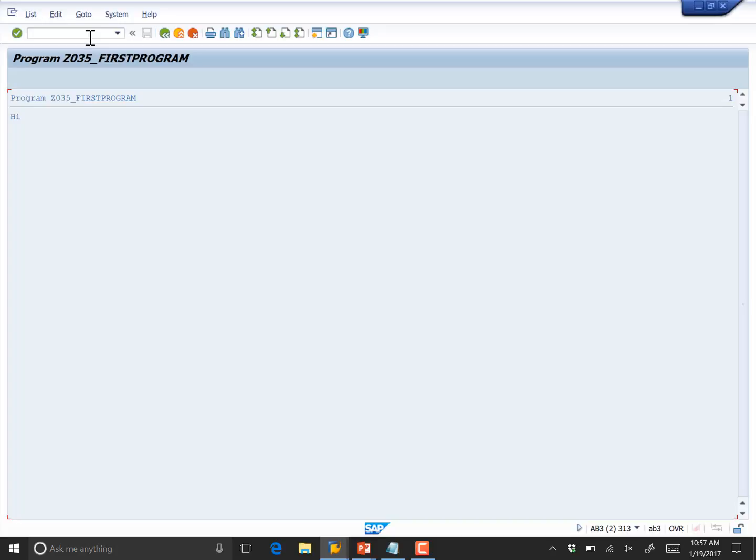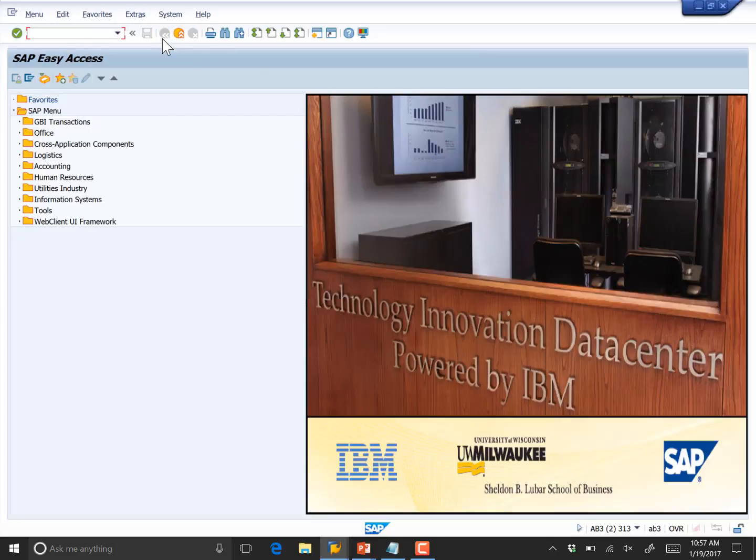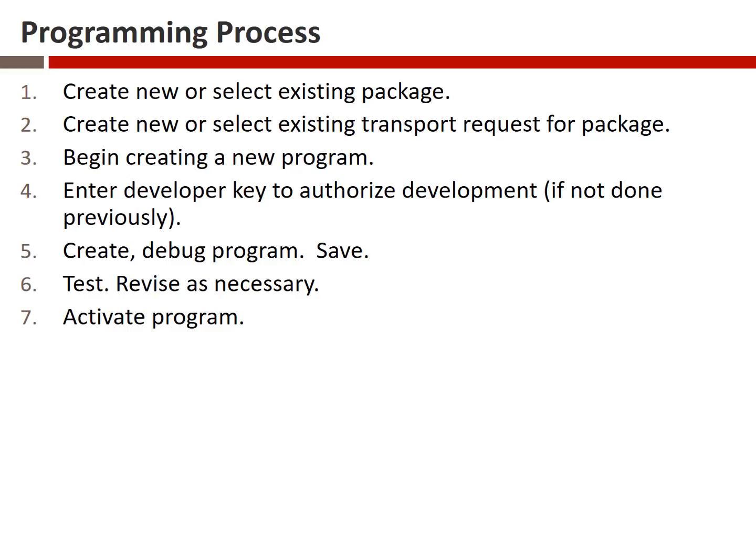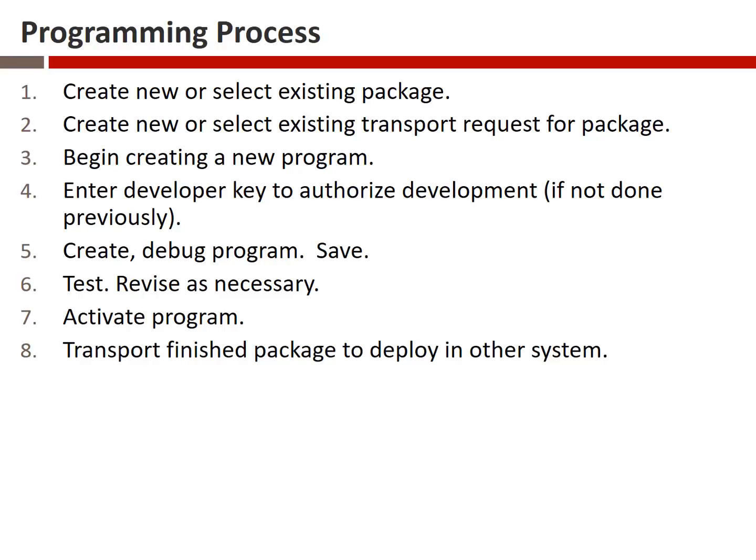That was a custom transaction. Not every transaction code that was a part of ERP Sim started with the letter Z, but every one that did was either a fully custom transaction or one that relied on user exits in the system to supplement what was there already. So step 8, when I'm done, I transport this.